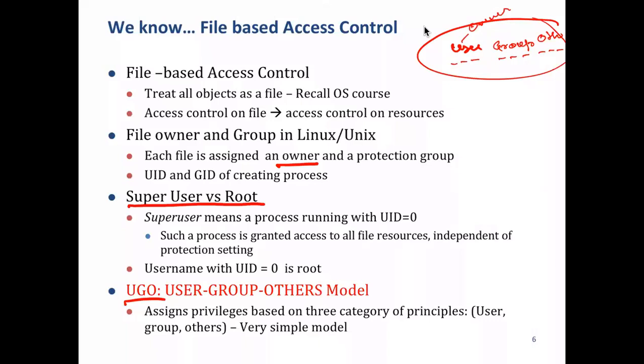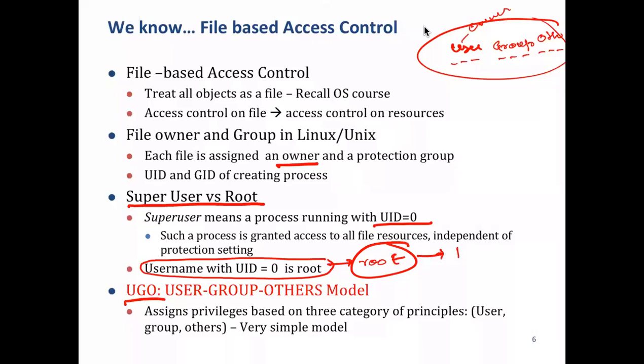When you are given those privileges, your UID becomes 0. You have privileges equivalent to UID 0. However, the process which has the username with UID 0 is root. So you can be given root privileges temporarily, which is fine. So we'll come to that concept a little later.